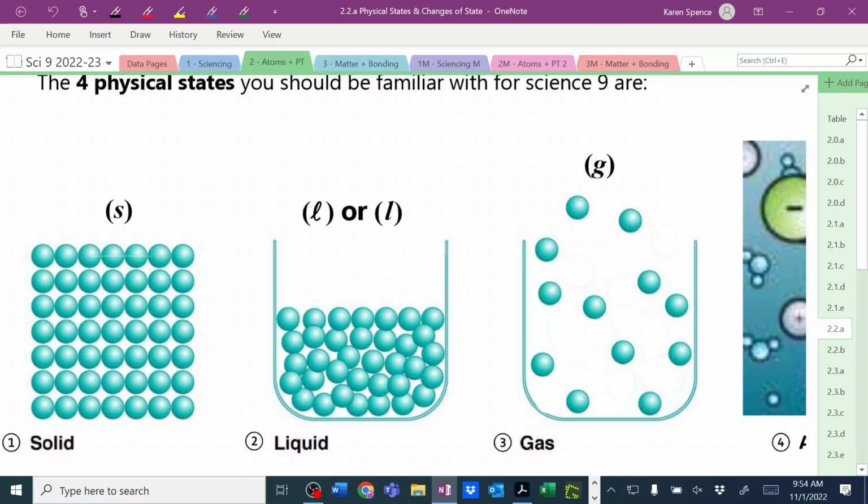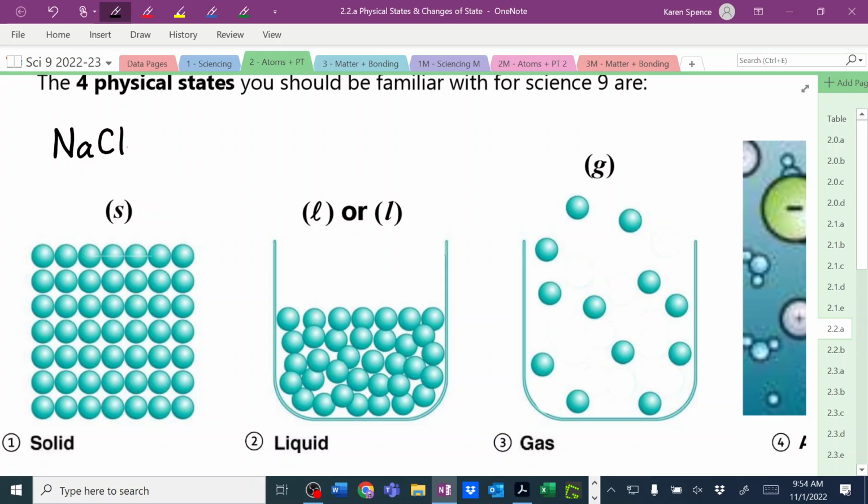So if I were to have sodium chloride, which is table salt, is a solid, yes? Table salt is NaCl, sodium chloride, and it is a solid.